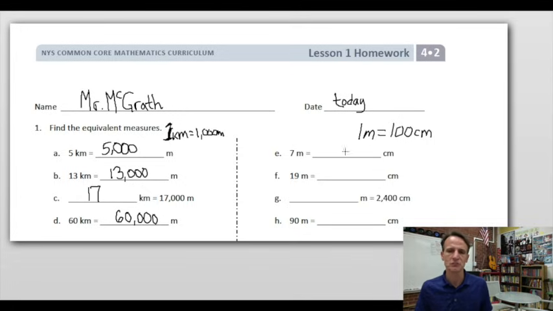Anyway, so 7 meters would be 7 hundred centimeters, right? So 700. That makes sense? So if you're looking at one of these meter sticks, that's 100. 7 of these meter sticks would be 1, 2, 3, 4, 5, 6, 700 centimeters.